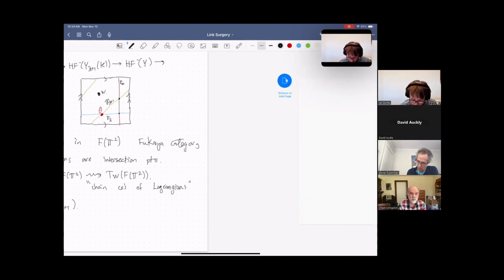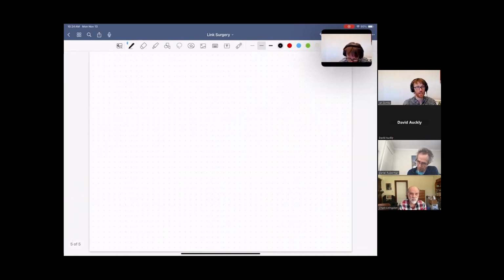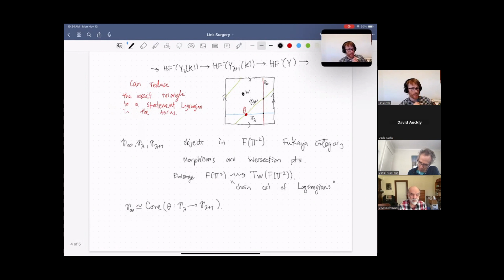Ozsváth and Szabó used an extension of this surgery exact triangle and some other techniques to prove the mapping cone formula for Dehn surgery.